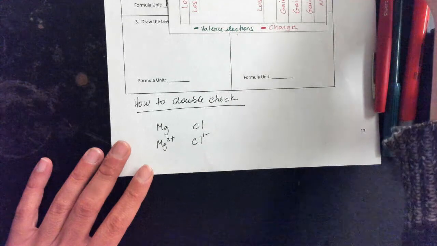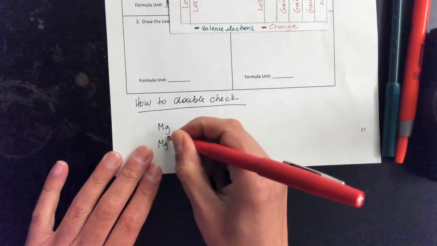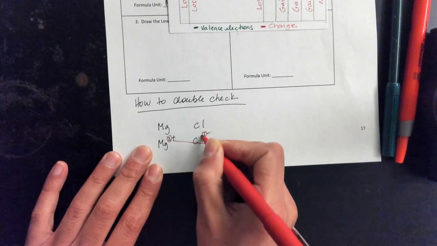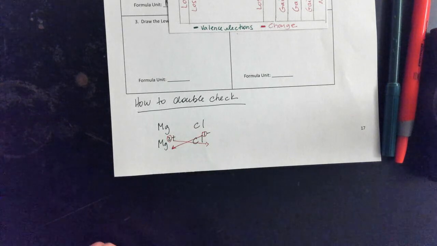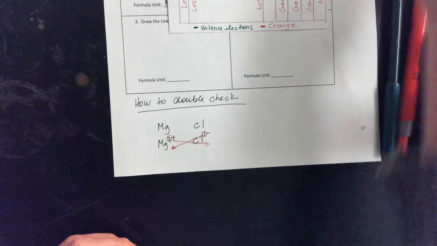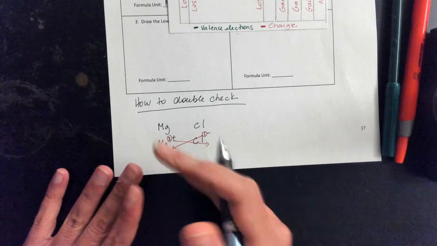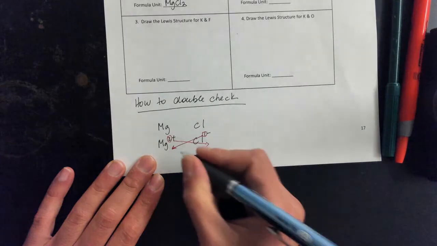There's a technique that people use which they call a crisscross. The 2 over here is going to go to the bottom. The 1 is going to go here. And again, this is not a scientific rationale. It's just a shortcut that someone discovered in order to double check that you did your formula correct.